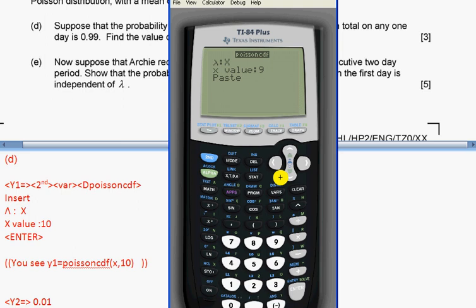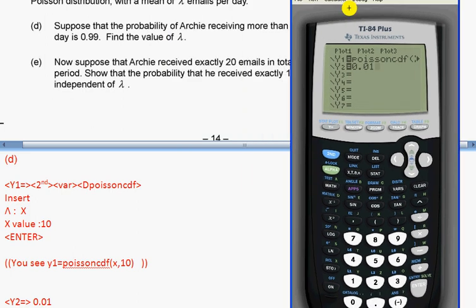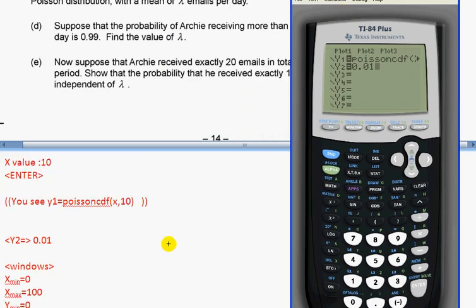Now, in window, to save time, we put x minimum 0, x maximum 10, probability we know that it is between 0 and, let's say, 1.